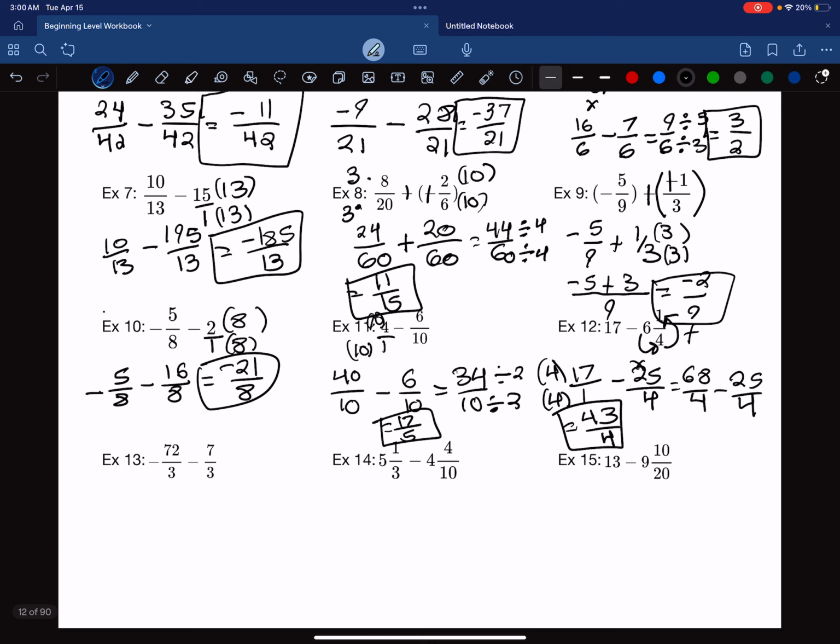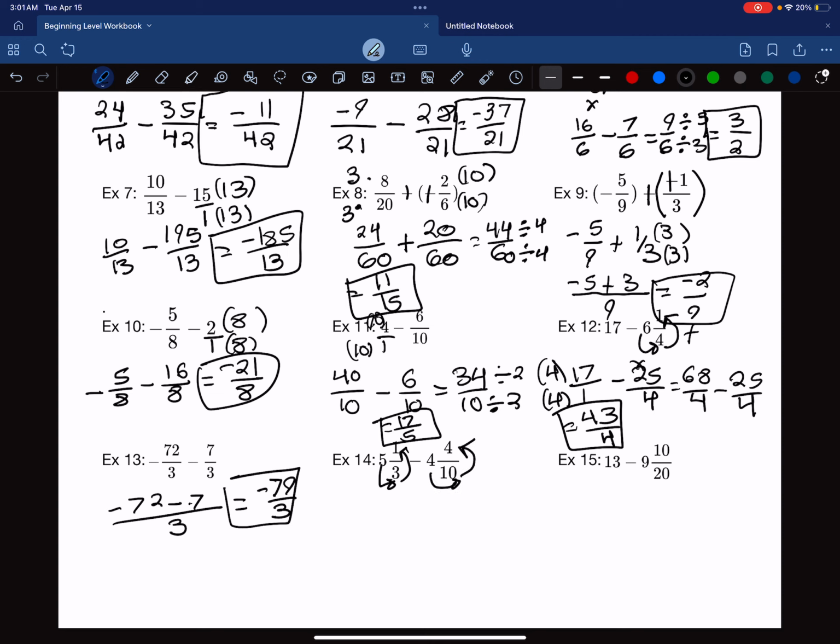And then for these last ones, negative 72 over 3 minus 7 over 3, we have common denominators. So we can just simply do negative 72 minus 7 over 3, which is negative 79 over 3. And then here, we're going to change these mixed numbers into fractions.